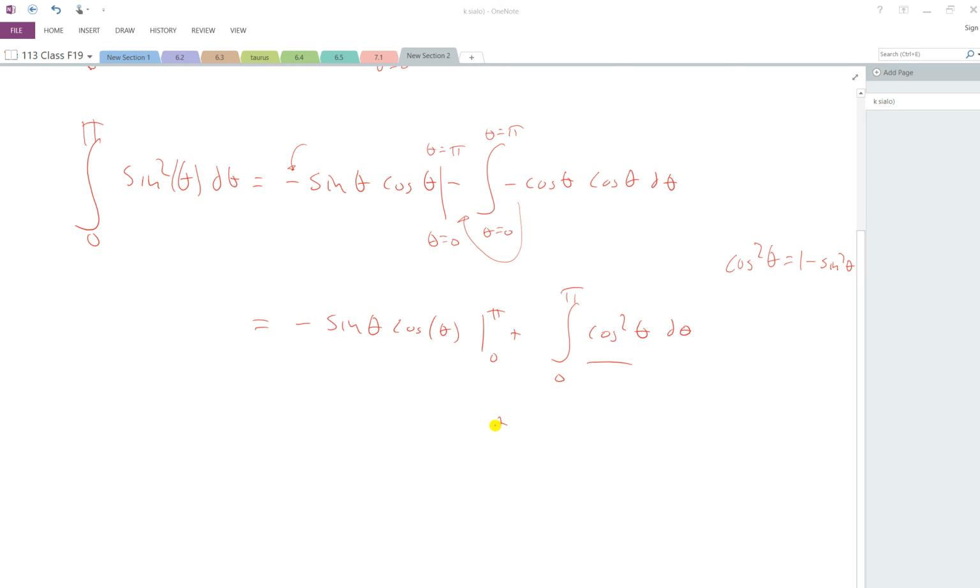So I could rewrite this as the integral of 1 minus sine squared theta d theta. And I'm going to write this as two integrals. Okay, so the integral of the difference is the difference of the integrals.